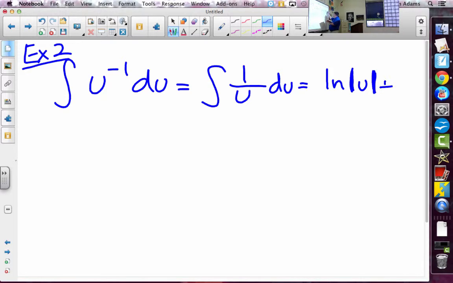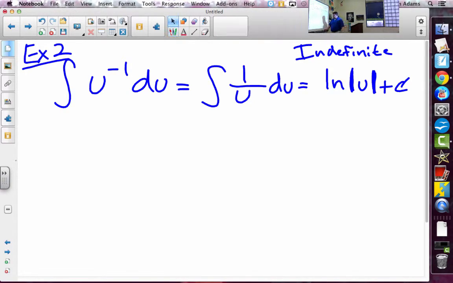And because we don't have an upper or lower boundary, we're not calculating the area under the curve, we're just finding the antiderivative. One of the terms for this is an indefinite integral. And in a definite integral, we have the upper and lower boundaries.